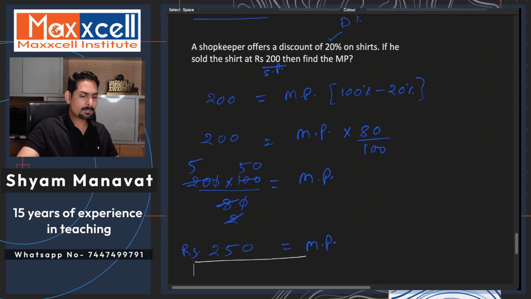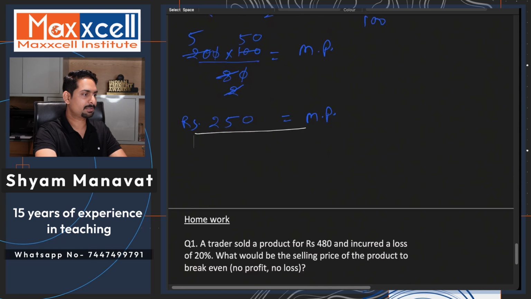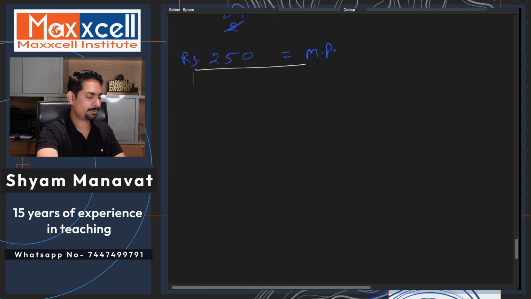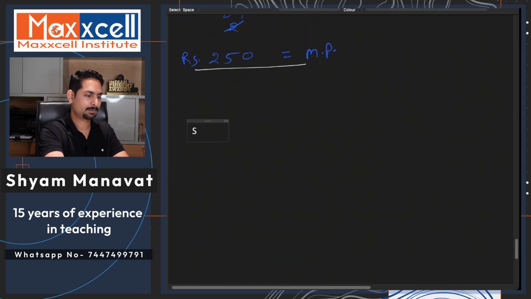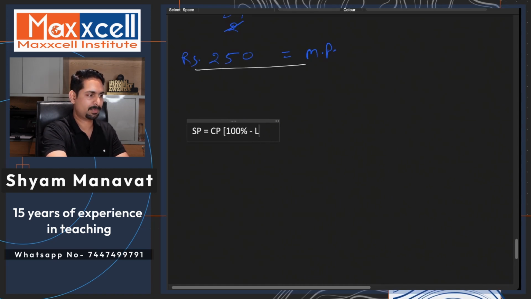Okay. So the formulas which we learned in today's class, let me write them again for you. Selling price equal to cost price into 100% minus loss percent, if it is loss, right?